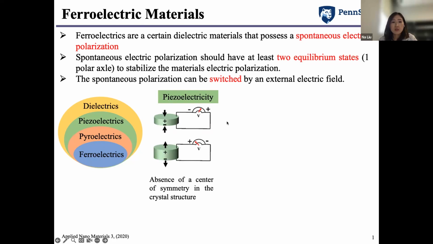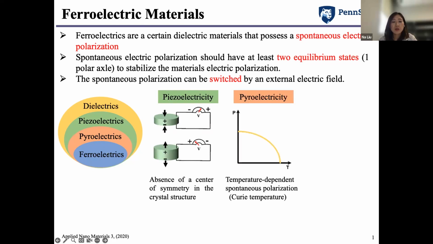In addition, ferroelectric materials also exhibit the property of pyroelectricity, which means that the spontaneous polarization in the ferroelectric materials is temperature dependent. And this critical temperature where the spontaneous polarization can be generated is the so-called Curie temperature.